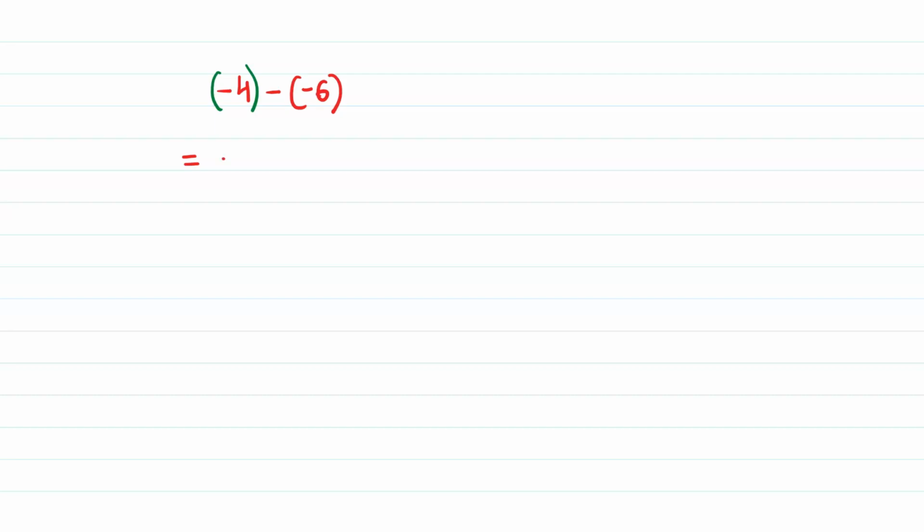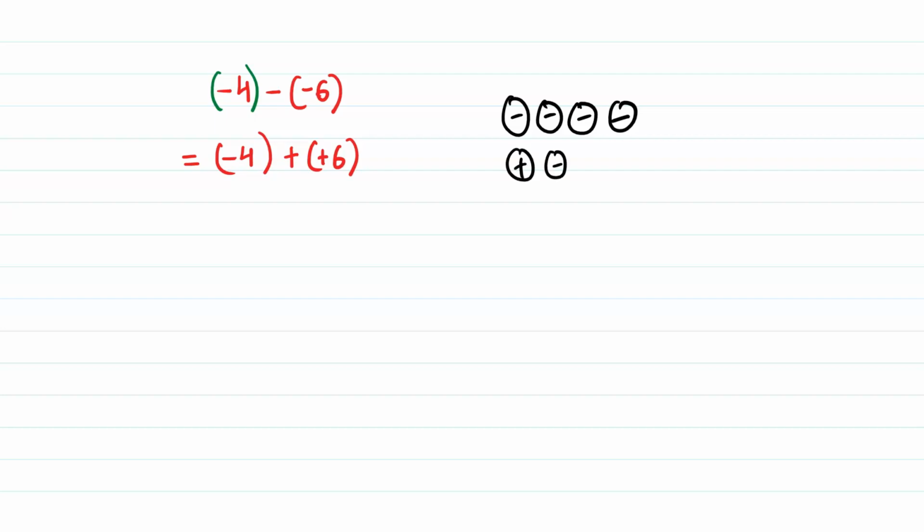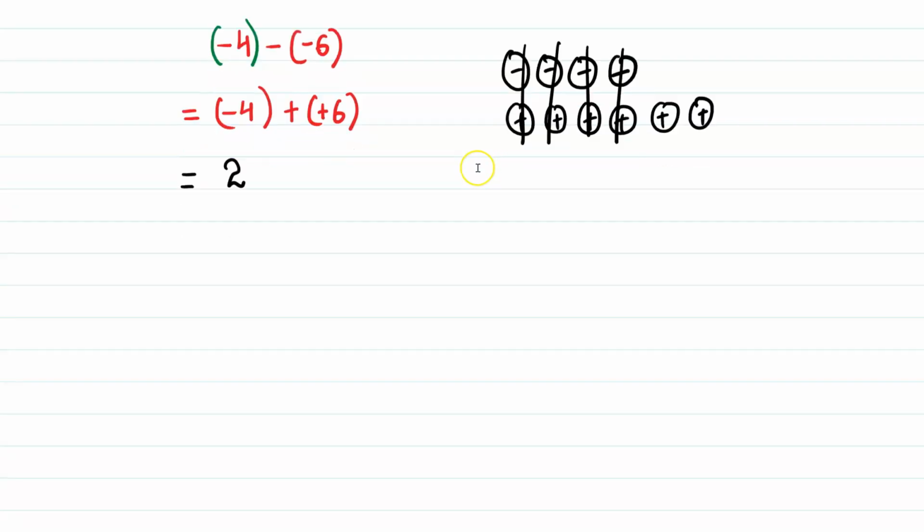The opposite of negative 6 will be positive 6. So we have 4 negatives and 6 positives. So we'll get 4 0 pairs and our answer will be positive 2.